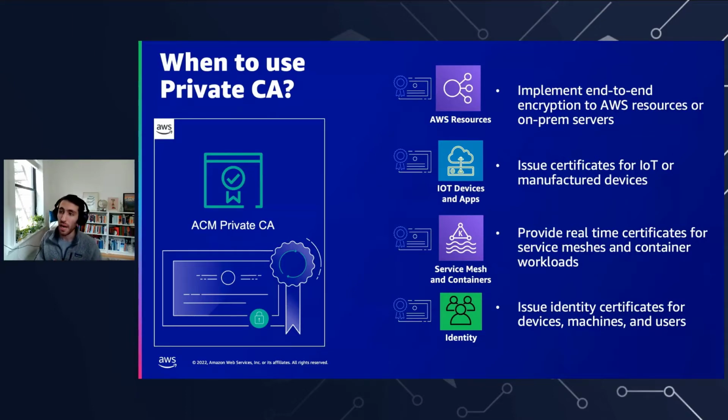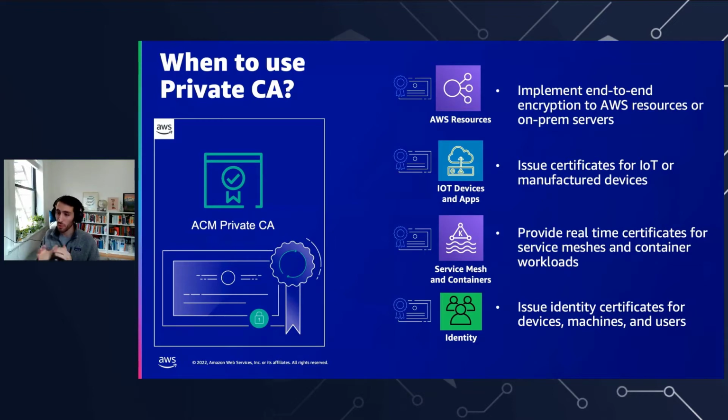You can implement IoT devices and applications, so you can issue certificates for your IoT devices or your manufactured devices. You can provide real-time certificates for service meshes or container workloads like EKS or ECS. And finally, you can issue identity certificates for devices, machines, and users.